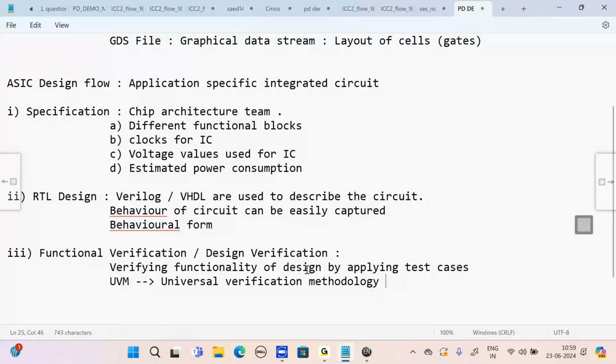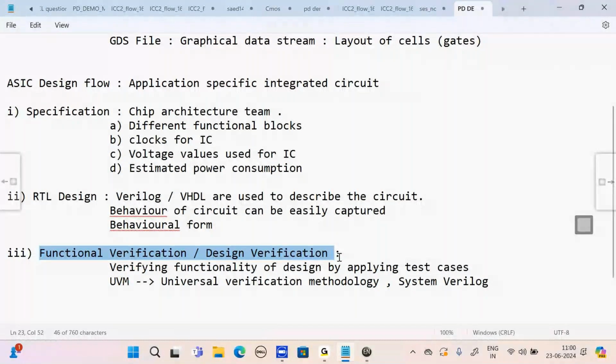What type of test cases do you have to apply? That is called UVM. Along with UVM, you should also learn System Verilog. Verilog, System Verilog, and UVM: if you learn all 3, then you can become a functional verification or design verification engineer.